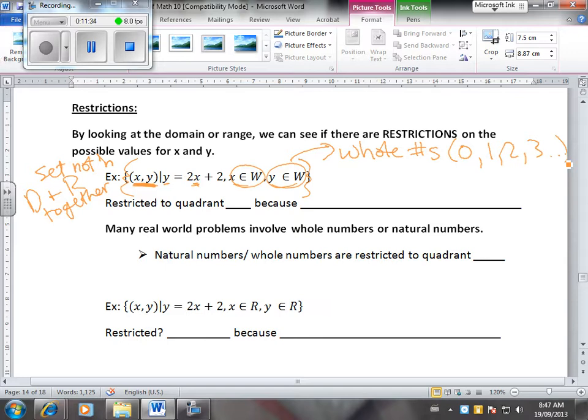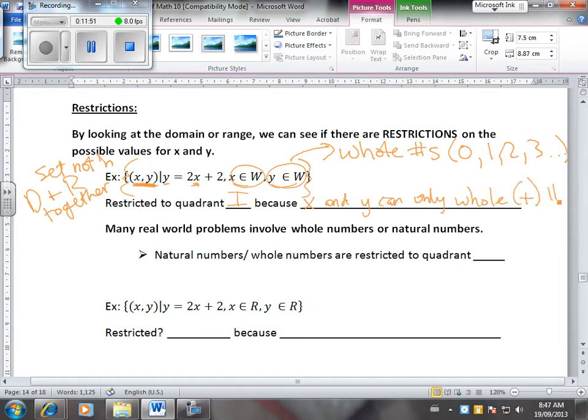If x and y are all whole numbers, I cannot go into negative numbers at all, which means I have to be in quadrant 1.